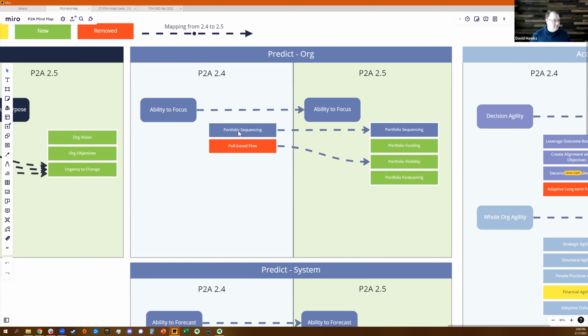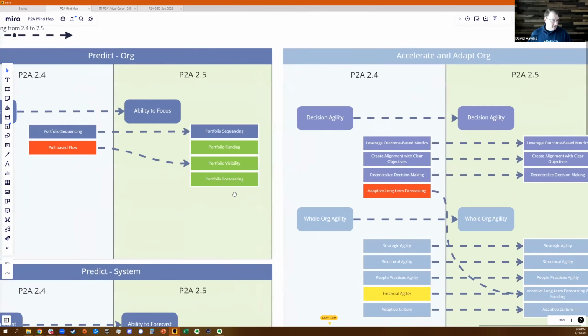For portfolio sequencing, a lot of the language got enhanced, but the big shifts were adding portfolio funding and adding portfolio forecasting. Pull-based flow is really now a sub-element of portfolio visibility.